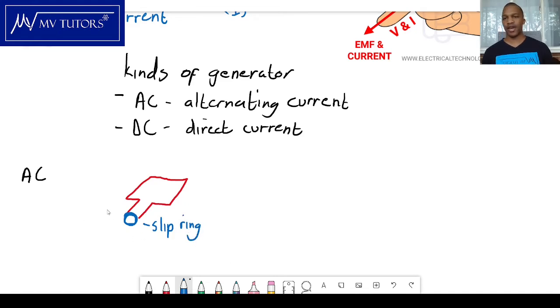That's what you have for AC. Connected to the slip ring, you have brushes that actually transfer the electricity. So this is just a brush.